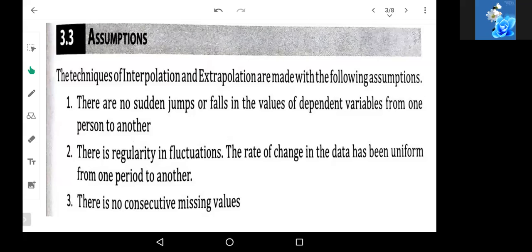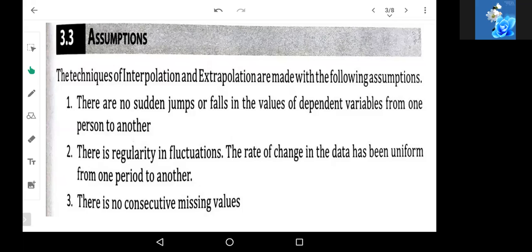There should not be sudden jumps or falls in the value of the variables. So there should not be too much difference in the variables. If one number is 0, the other number should not be 200 or 350. That is too much of a gap, right? The data which is given to us has to have an equal distribution of numbers and of the variables which are dependent on one another.